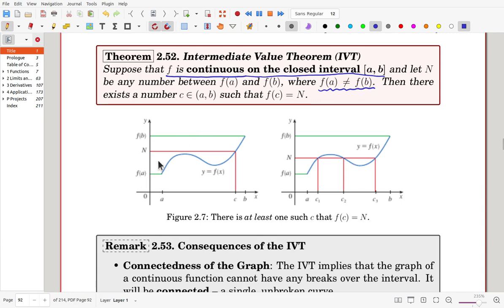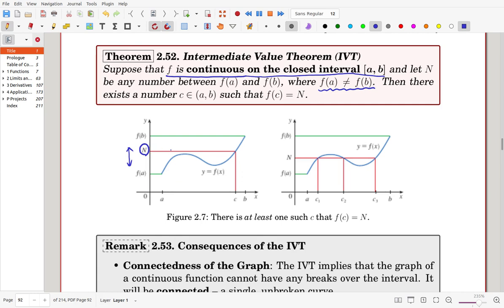Then if we choose any number n between f(a) and f(b), which are vertical directional quantities, so n is also a vertical component number.